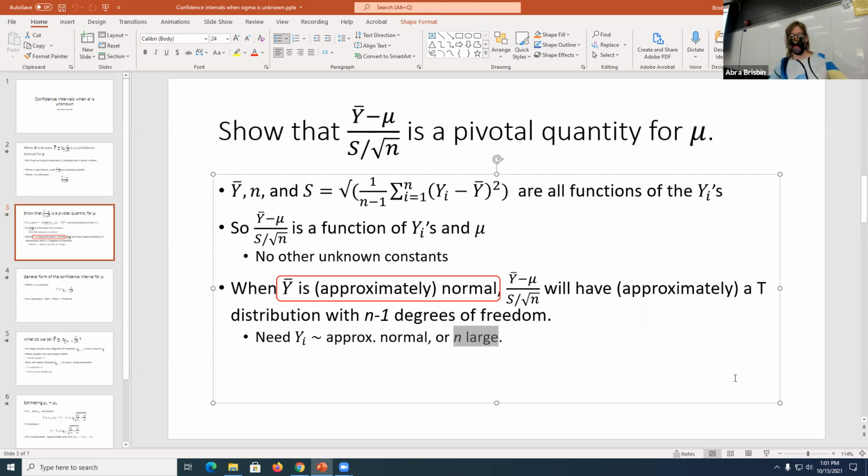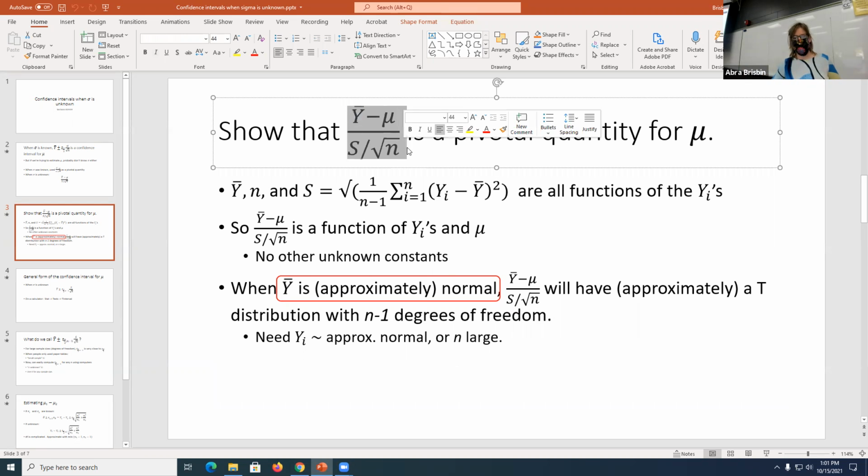All right, so let's give this a try using this y bar minus mu over s over the square root of n as a pivotal quantity for mu. On the back side of your choosing a sample size problems, there are two problems on finding confidence intervals when sigma is unknown.